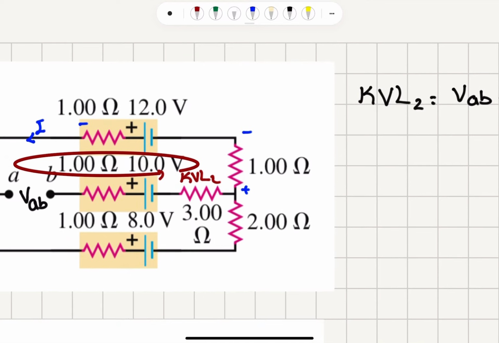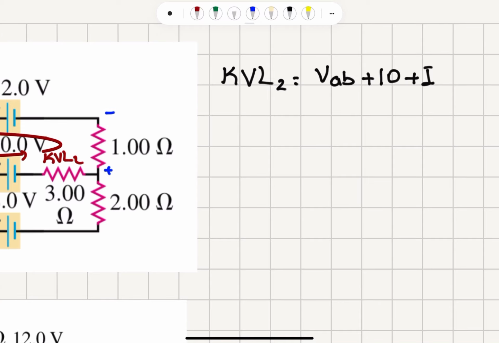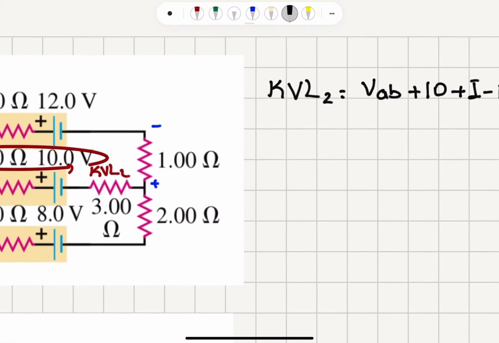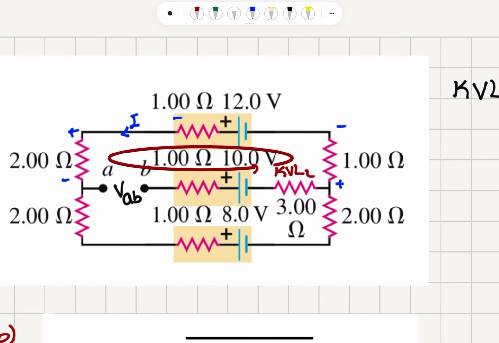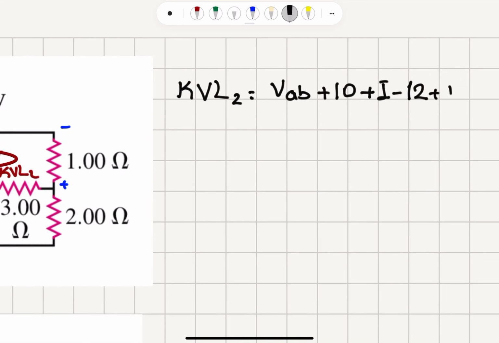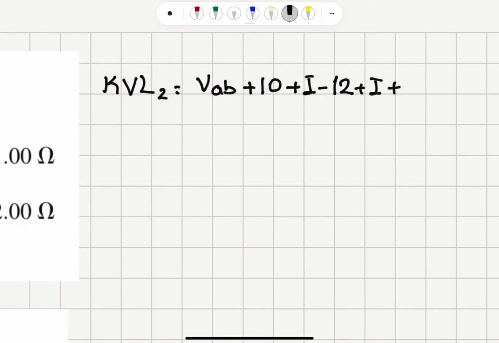then I encounter the minus electrode here, so minus 12 volts. Then I have this 1 ohm and 2 ohm through which the same current I flows again, so I have plus I and plus 2I. Now I'm back to point A. This should be equal to 0.